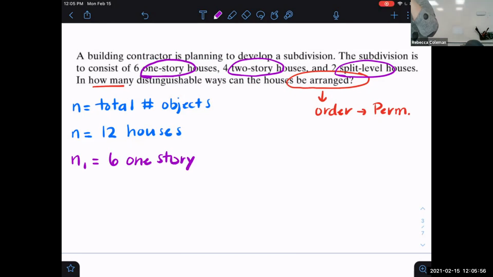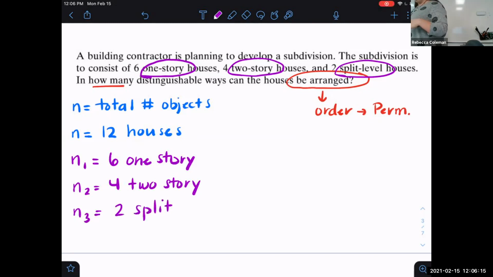I'm going to do this for each group of repeating objects. So I'm going to have an N2 that represents the 4 2-story houses. That's my second subgroup. And then I'm going to have an N3, which represents the 2 split level.